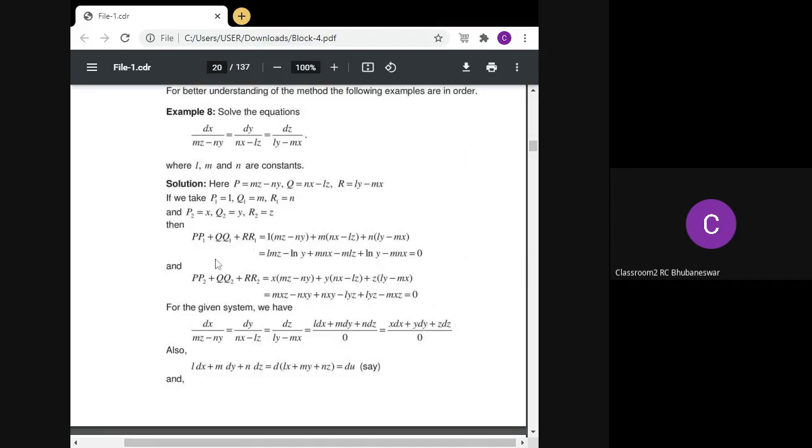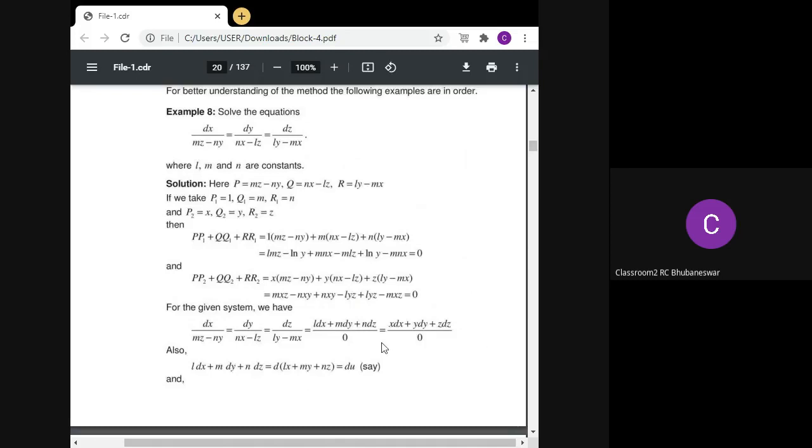That is, PP1 plus QQ1 plus RR1 and PP2 plus QQ2 plus RR2 definitely equal 0. Otherwise, we cannot move further. There is a small printing mistake here: P1 must be l, Q1 is m, then n, and P2 will be x, y, and z. So here that is l, m, and n, then the relation will be 0. Then here x, y, and z, the relation will be 0.